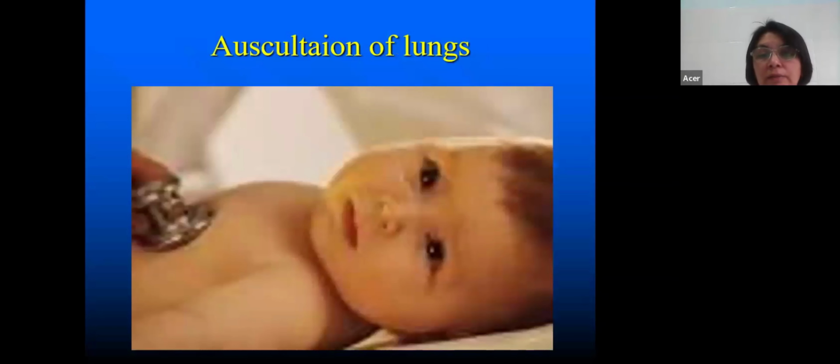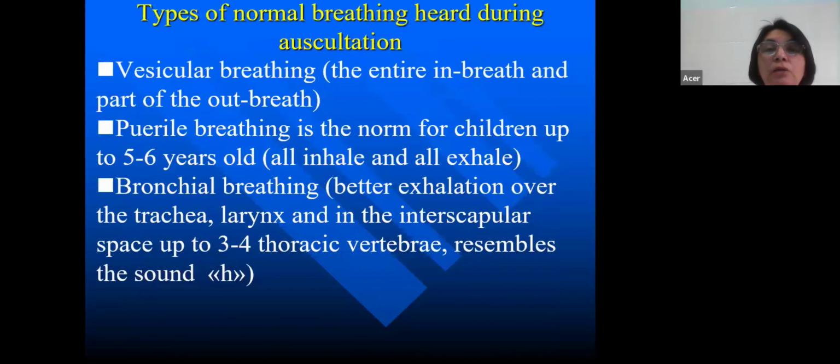Auscultation of lungs. Normal types of breathing, which we can check by auscultation: vesicular breathing, puerile breathing, and bronchial breathing. Vesicular breathing we can listen to in children after 5-6 years old above the lungs.